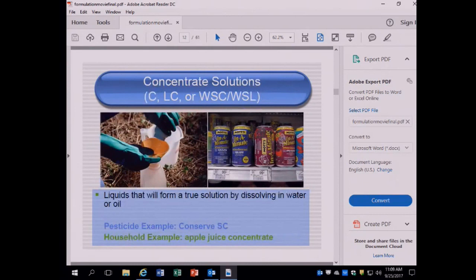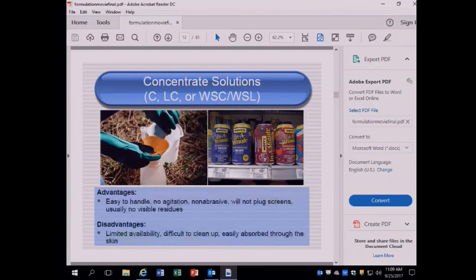That comes in a frozen can, and you will just put water to it, and it forms a true solution. They've got examples of different pesticides on here, but they aren't of anything that you guys would have any knowledge of at all, so I'm not even going to speak to those things. But trying to create an awareness with what we're talking about, the concentrate solutions.